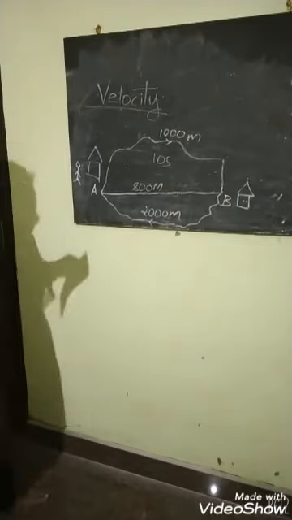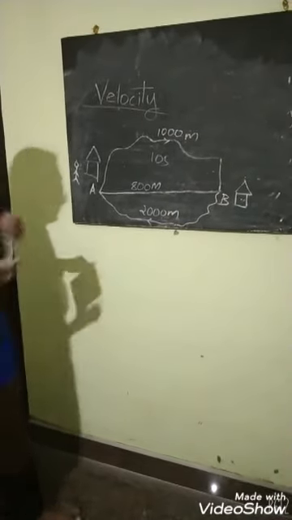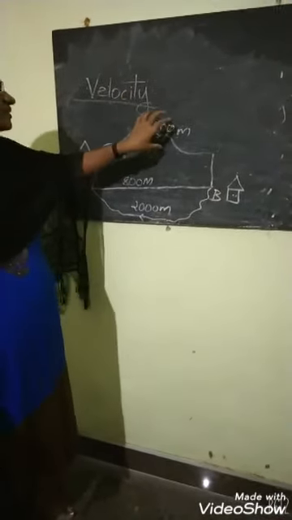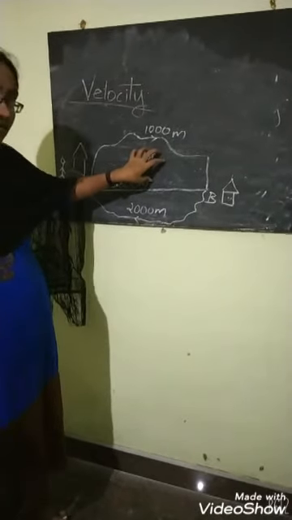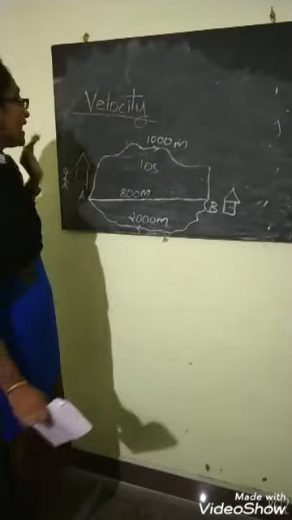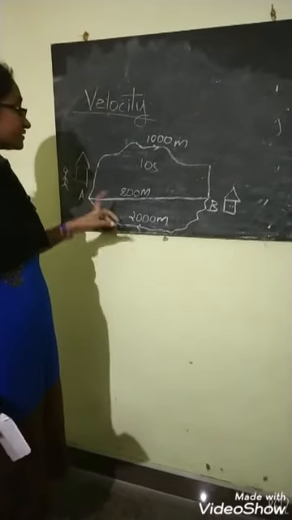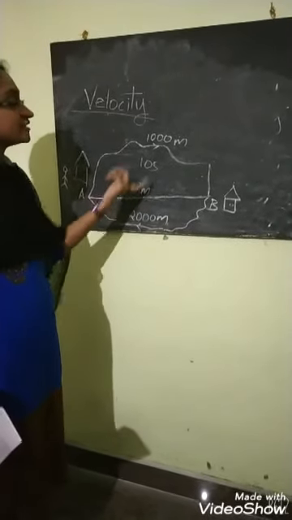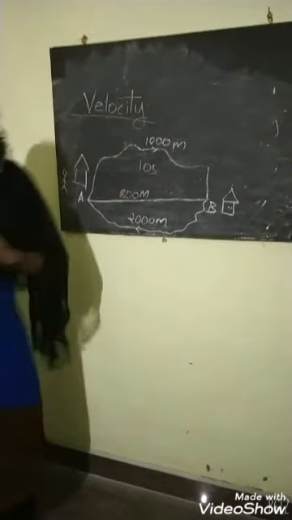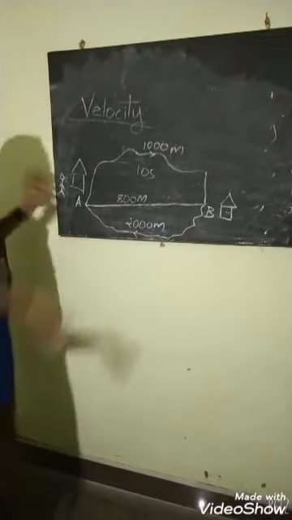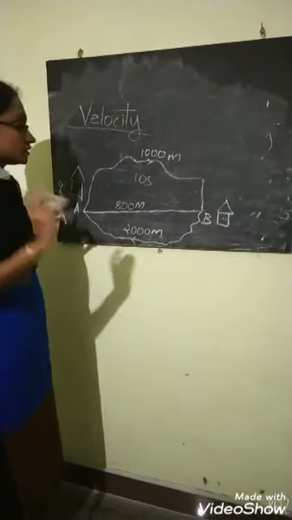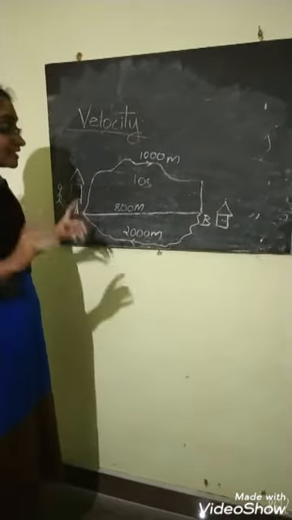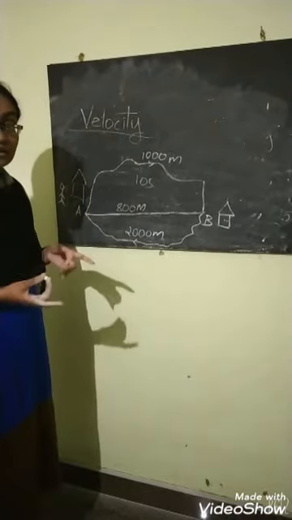Now the thing is, when we divide the distance by time, what do we get? We get speed. And the question is, if we divide this value by this time, what does this value 800 mean? We know it is the shortest distance between these 2 points, A and B. What is this shortest distance? It is called displacement.